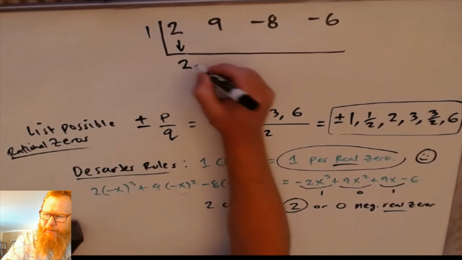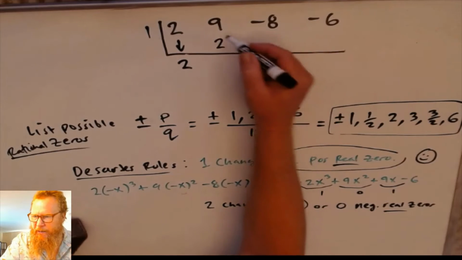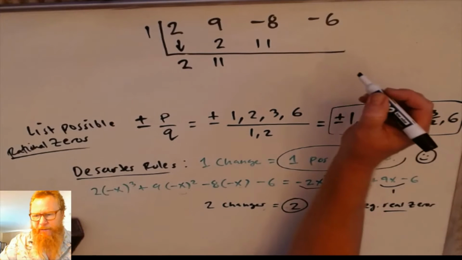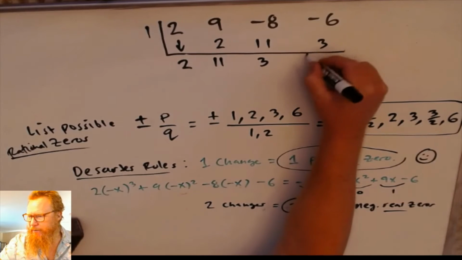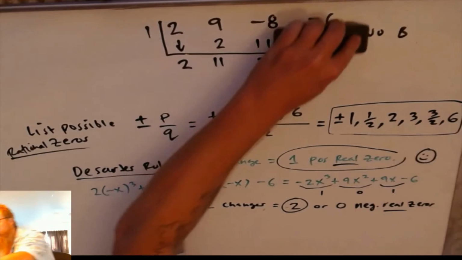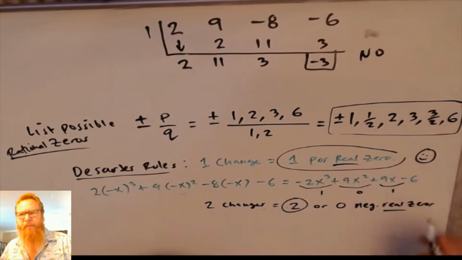Let's see, so bring down the 2. 1 times 2 is 2. And then 11, and 11, and 3, and it looks like no. All right, so no, not a 0.